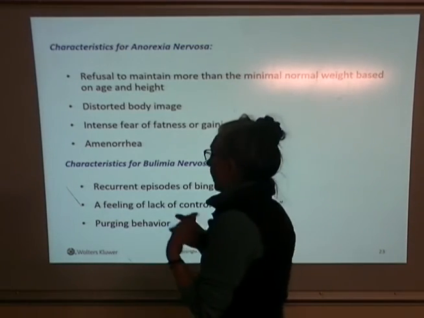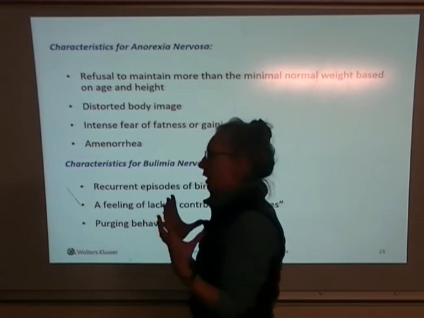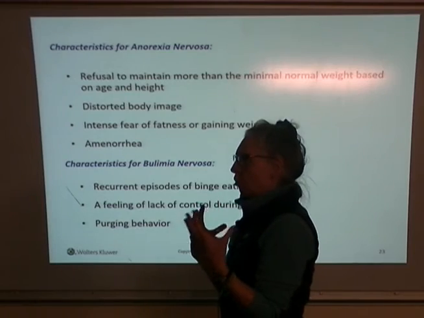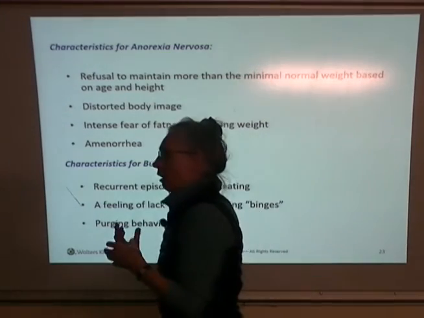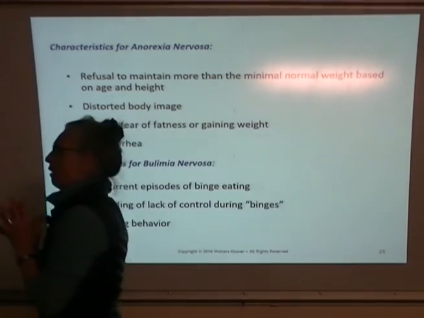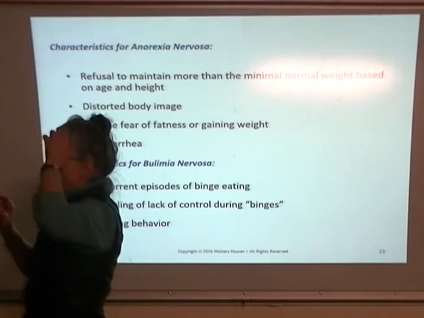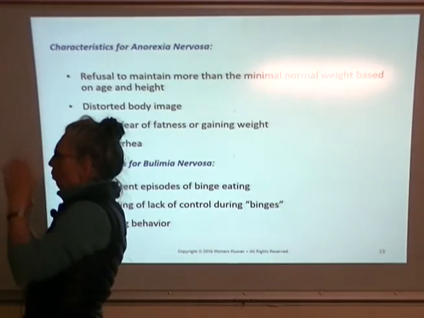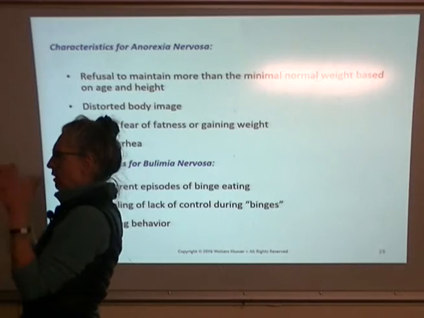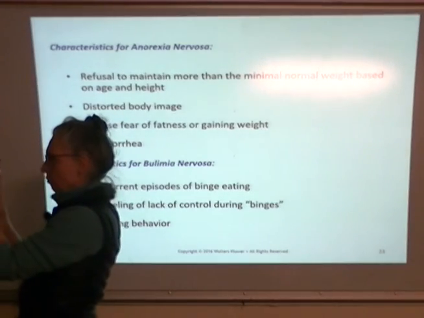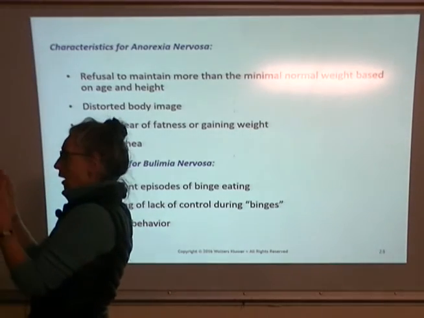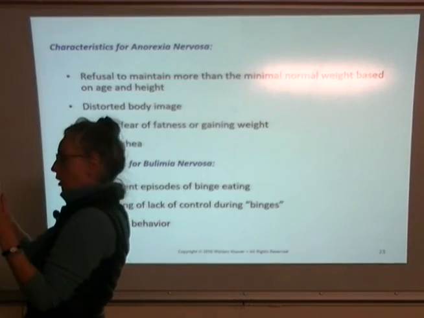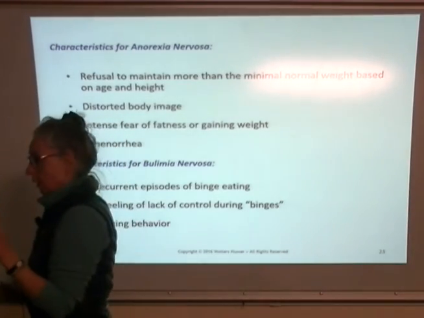So an anorexic has a very odd view of what they look like. I read this years and years and years ago. There was some work, and they would stand someone who was anorexic in front of a mirror and give them a crayon and say, okay, draw your outline.